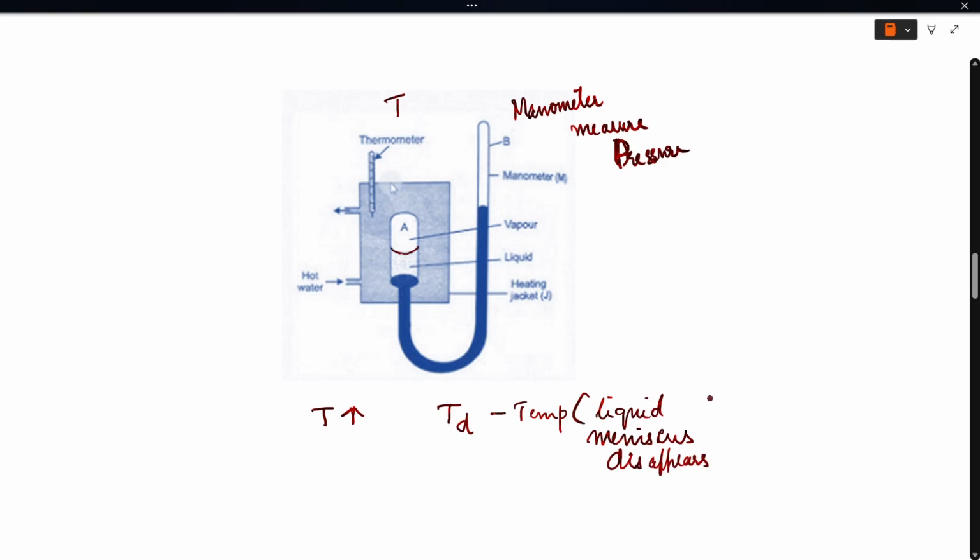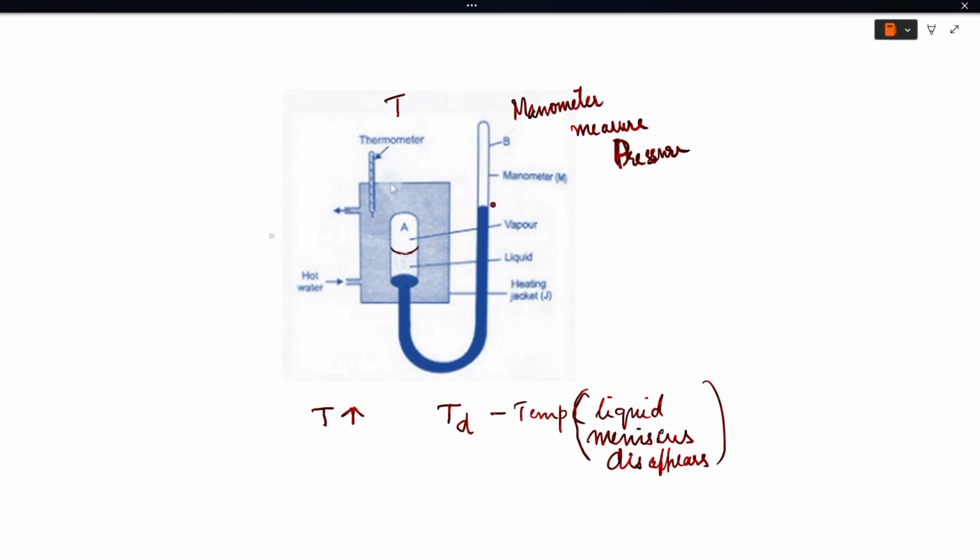Just to show it is the liquid meniscus disappearing, I put it as TD. So now you don't have the liquid meniscus, the whole glass vessel is clear, it doesn't have any meniscus. Now it is completely converted into the gaseous state.